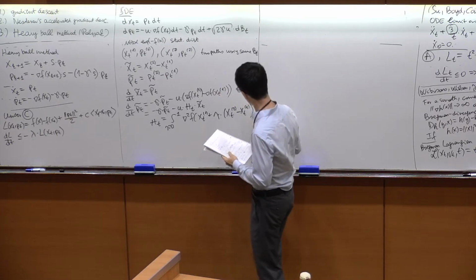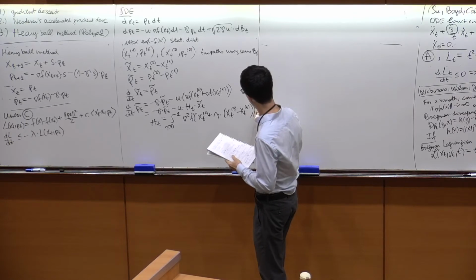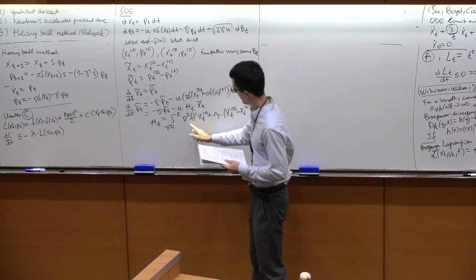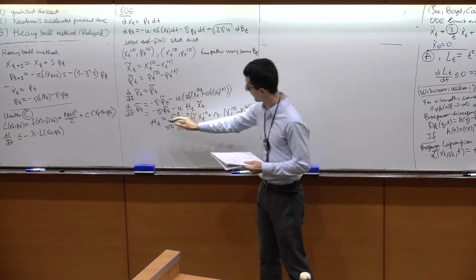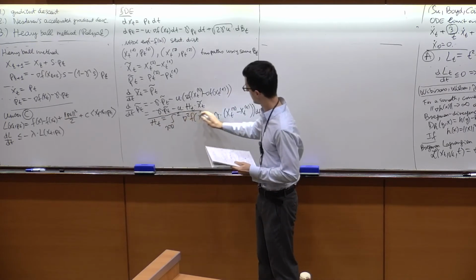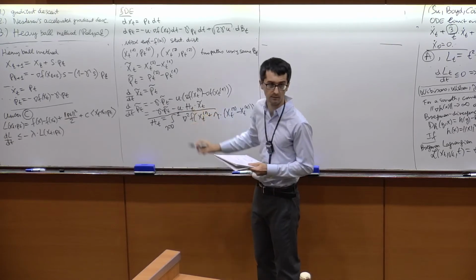Okay, so you just average out the Hessian of f from x_t^1 to x_t^2, and you can write the evolution of p_t tilde in this form with this matrix.